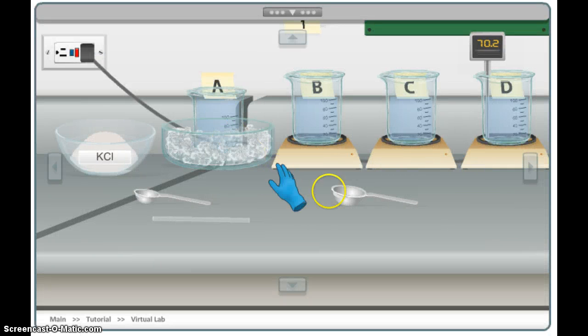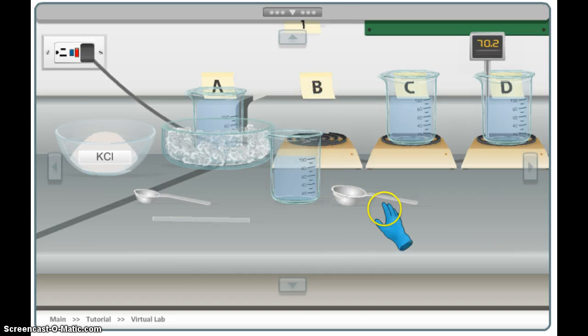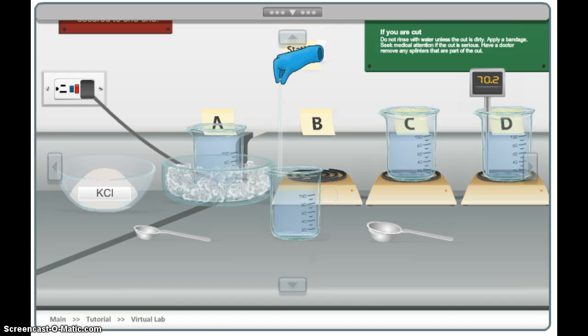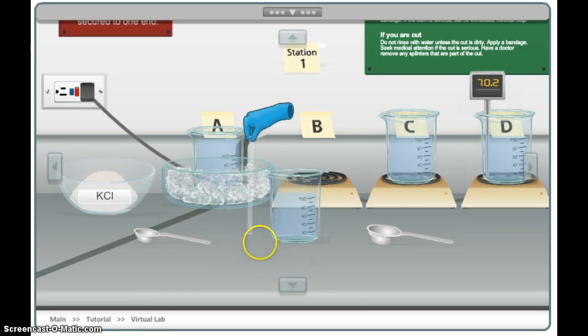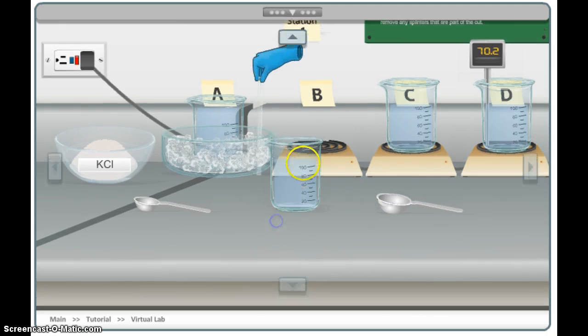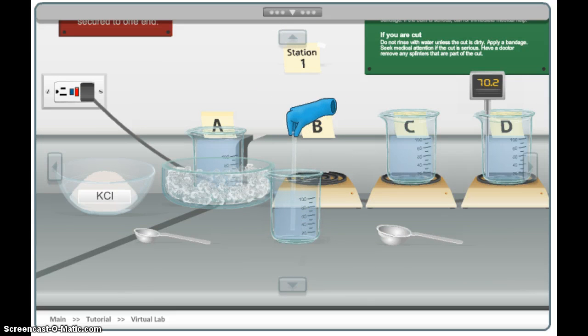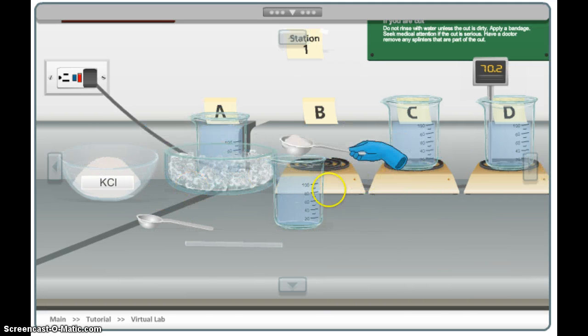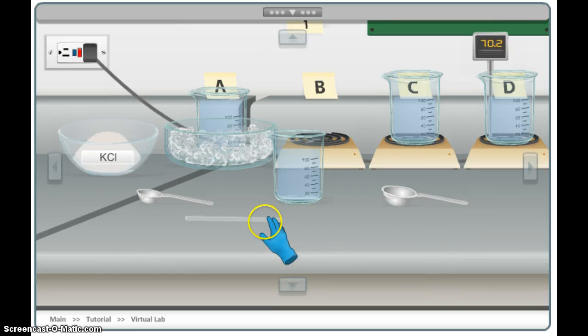All right. So now let's do our next beaker. We put in 1 scoop. Did it dissolve? Yes. Is it saturated? No. 2 scoops. Did it all dissolve? Yep. Is it saturated? No. All right, scoop number 3.